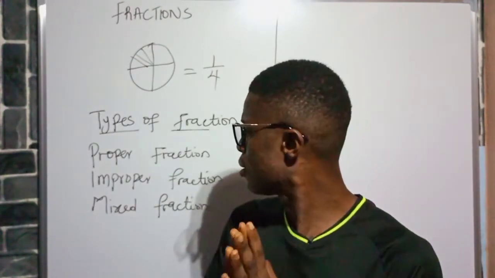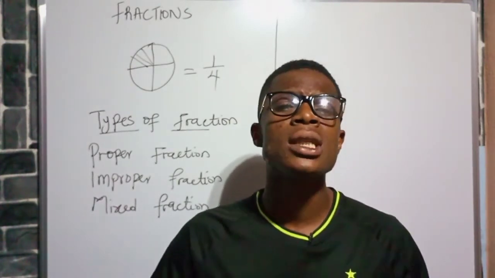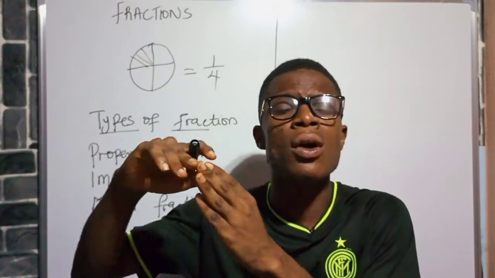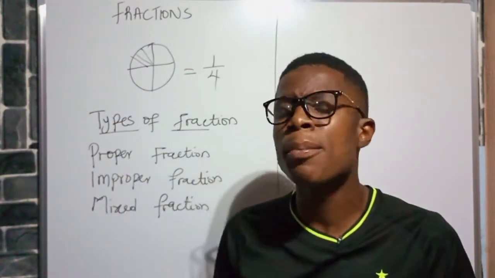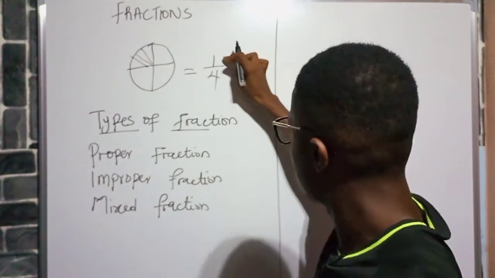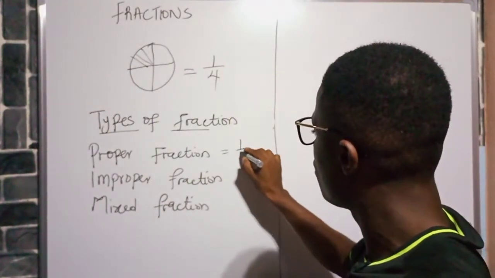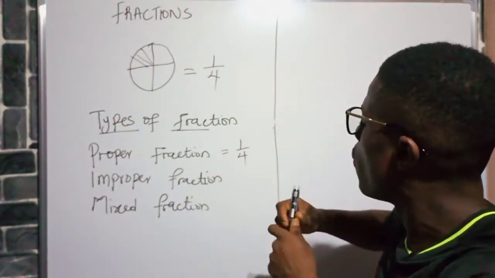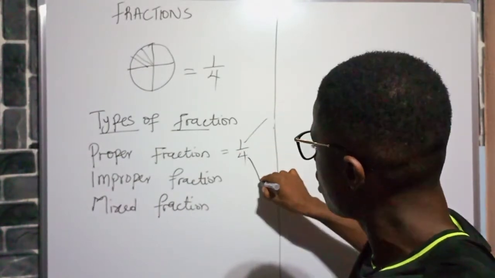Then the proper fraction, which is the first one, can be seen as that particular fraction where the numerator is lesser than the denominator. For example, from this particular example I gave you, I have 1 over 4. As you can see, this is a proper fraction. Reason is that we have this one, which is the numerator, and this one, which is what?